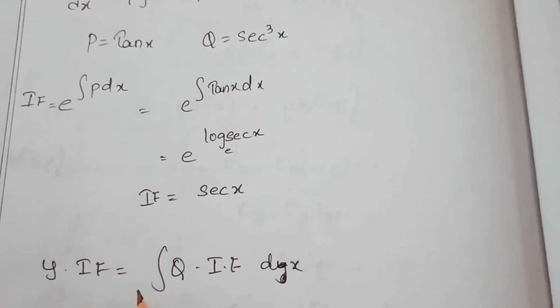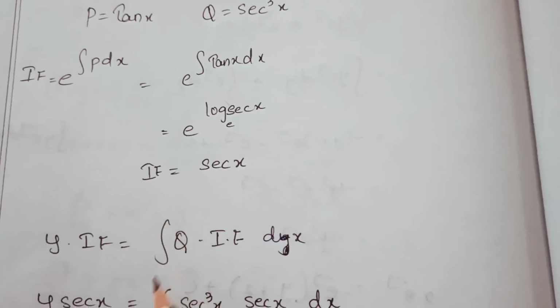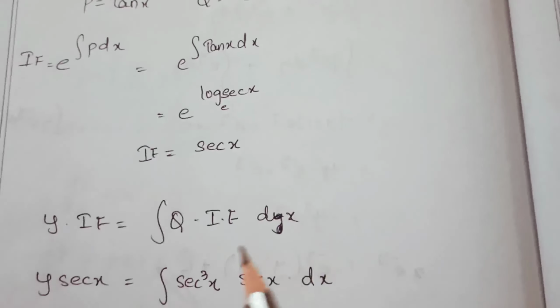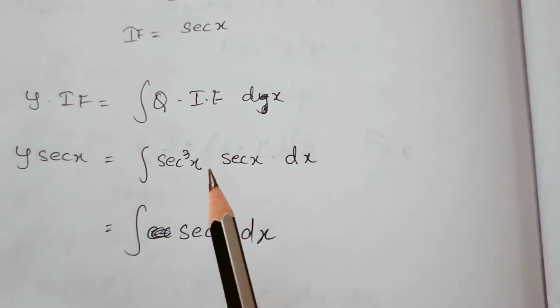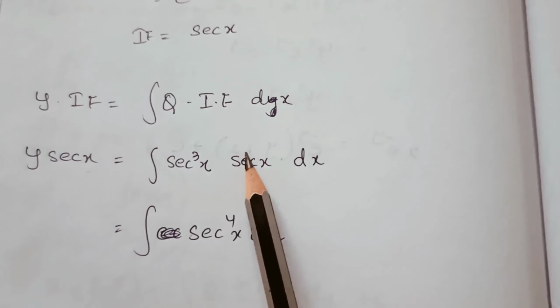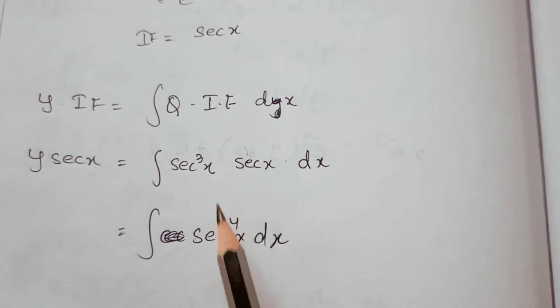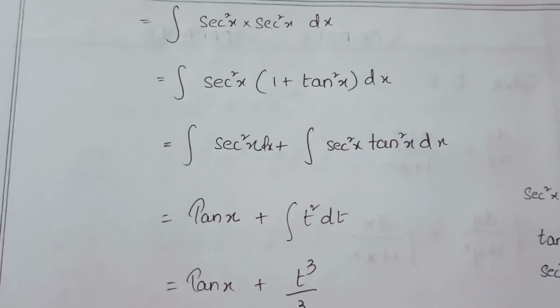Now we have to substitute in the general equation: y into integration factor is equals to integration of Q into I dx. So y into secant x is equals to integration of Q, which is secant cube x, into secant x. Bases are same, powers should be added: 3 plus 1 is 4. Integration of secant power 4 x dx.